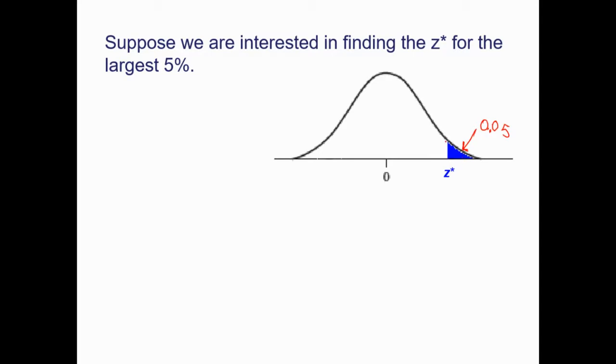No, it gives us the area to the left. So what's the area to the left of this big white area? 0.95. So ultimately, what we want to find is the probability that Z is less than Z star, which is what we're solving for, equals 0.95.